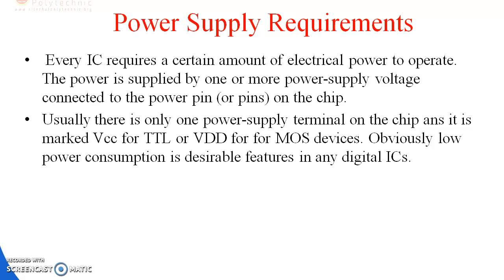Usually, there is only one power supply terminal on the chip and it is marked as VCC for TTL or VDD for MOS devices. Obviously, low power consumption is a desirable feature in any digital IC.